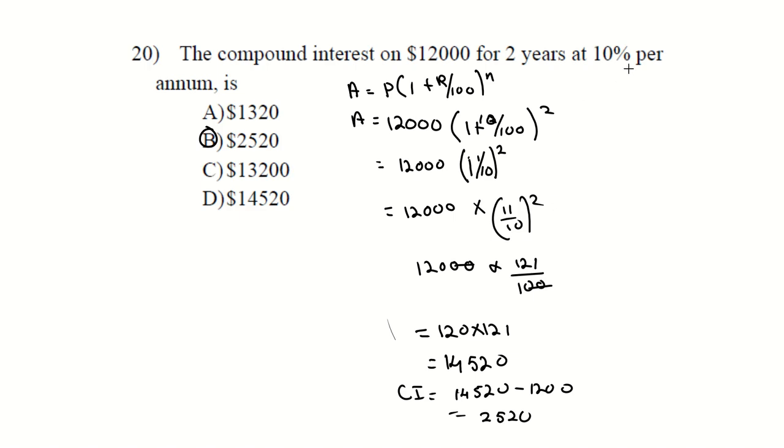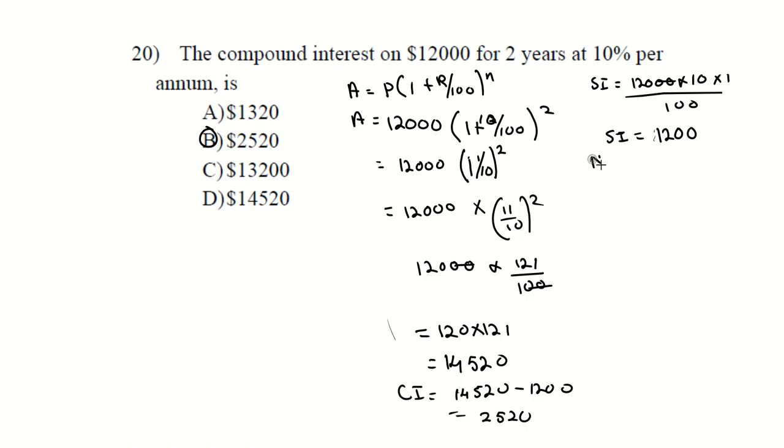Or you can find the simple interest for 1 year. So it would be principal 12,000 multiplied by 10 multiplied by 1 all over 100. Cross that out, and your simple interest after the first year is going to be 1200.